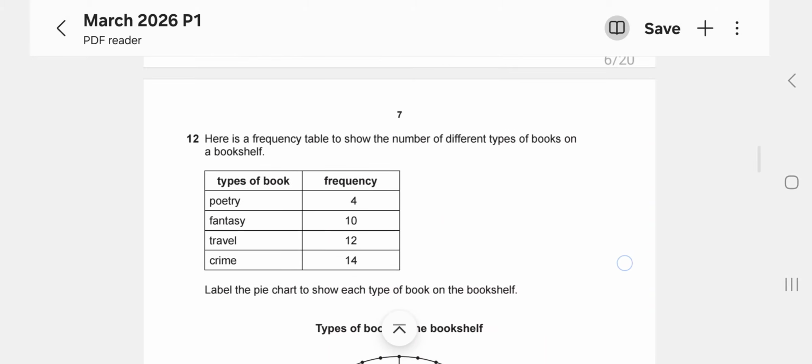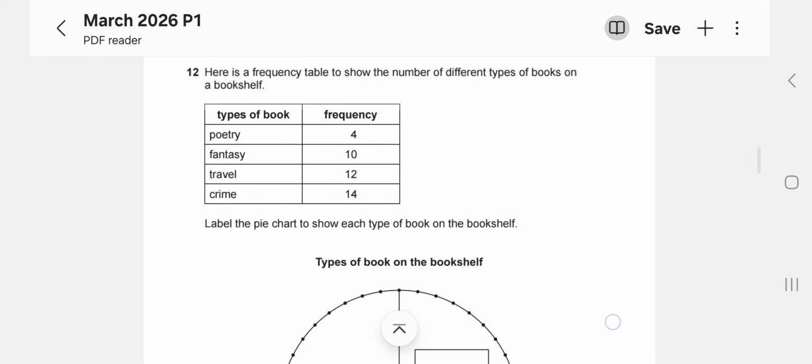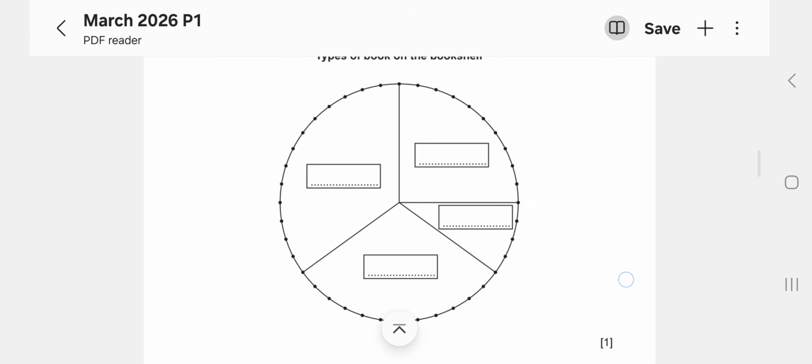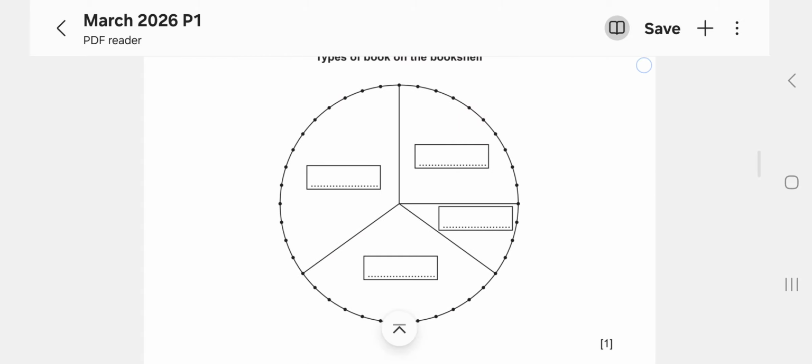Fancy. So this is poetry. This is fancy. Crime, I think. And this is travel. Yes. Travel is 12 and crime is 14. So here again: poetry, fancy, travel and then crime.